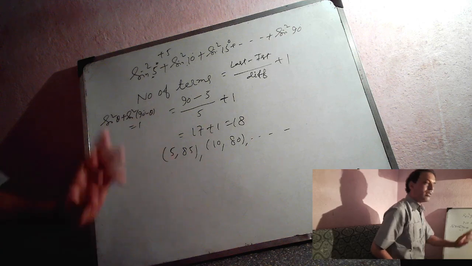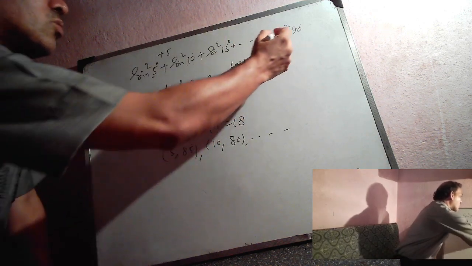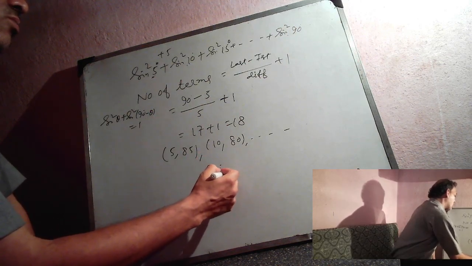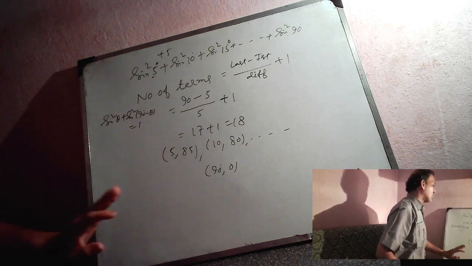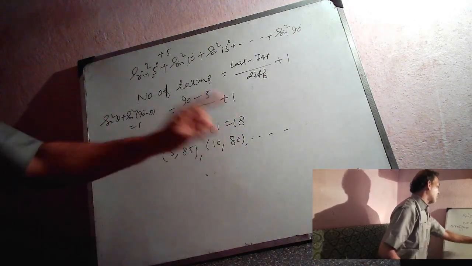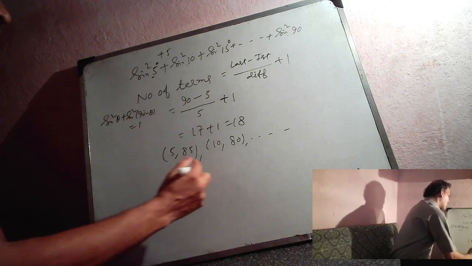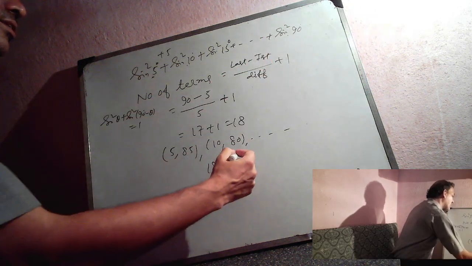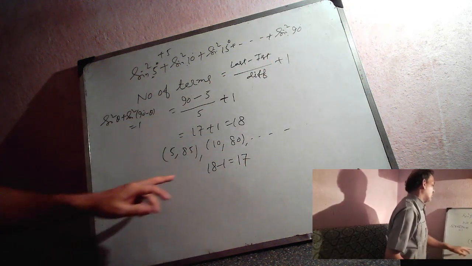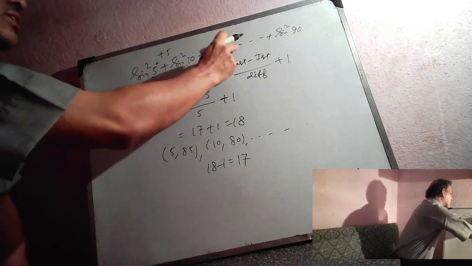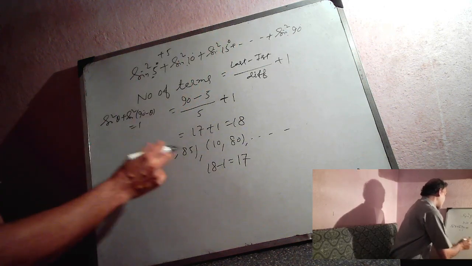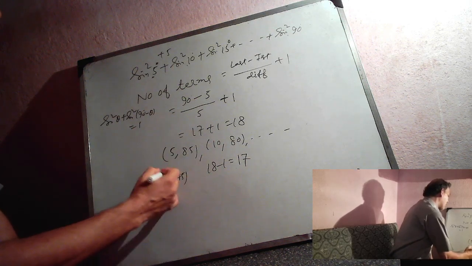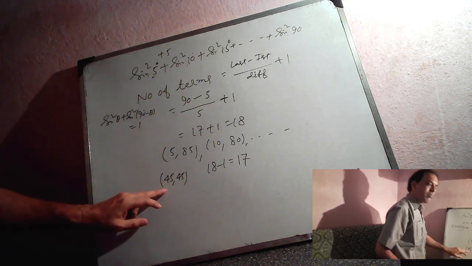Now how many brackets are there? We can't include 90 in this bracket. Why? If we include 90, then we need 0, but there is no term of sin square 0. So exclude 90. Again, there is 45, but we can't put 45 here, as 45 and 45 make 90, but there is a single 45 degree term.